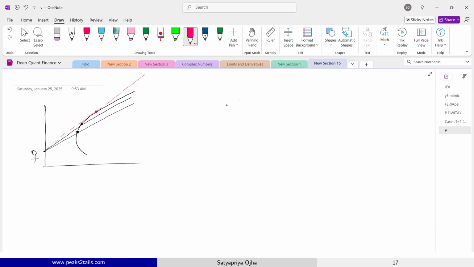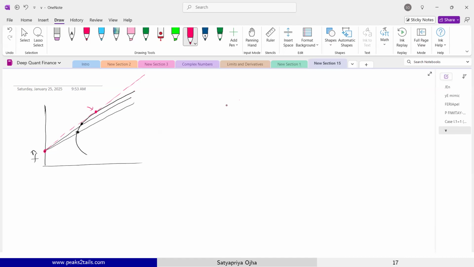This point, so if you are not engineers, that's fine. But if you are engineers, we have done this exercise, how to draw a tangent from a particular point to a curve, right? The fixed point is here, the risk-free asset. We just want to draw the line which is tangent to the curve. Tangent means it just touches the curve. No intersection, just touching. This is the point of tangency. This is the best risky portfolio that we want to mix with the risk-free asset, because combining these two gives me the best efficient frontier.